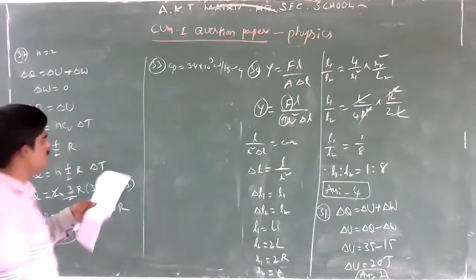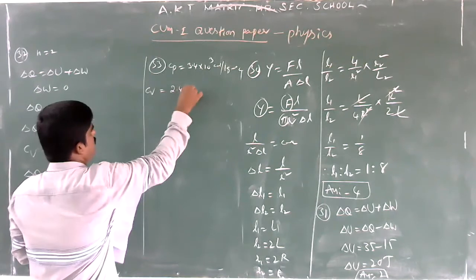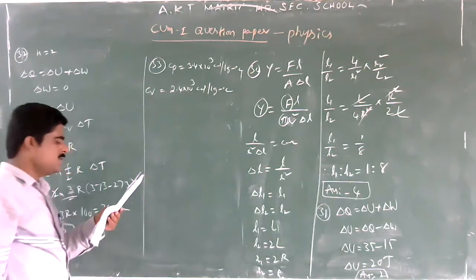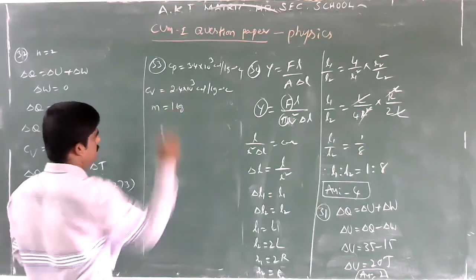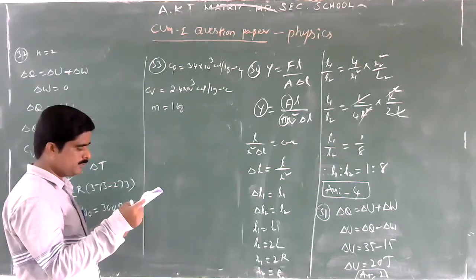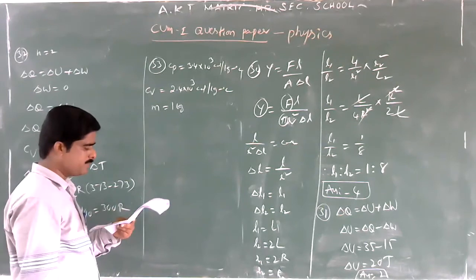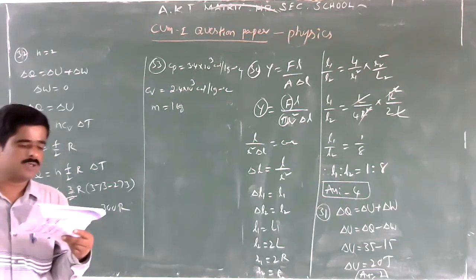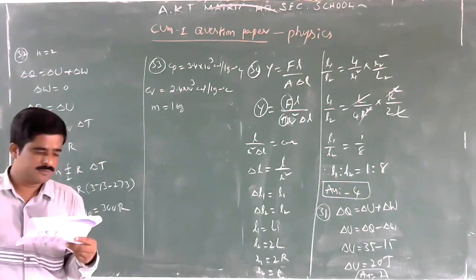And at constant volume, Cv is 2.4 into 10 to the power of 3 calorie per kg degree Celsius. If 1 kilogram of hydrogen gas, mass m is equal to 1 kilogram, is heated from 10 to 20 degrees Celsius at constant pressure, find the external work done on the gas to maintain it at constant pressure.